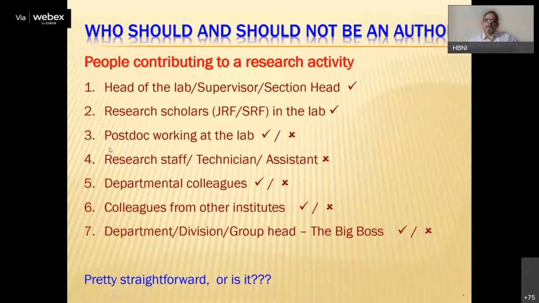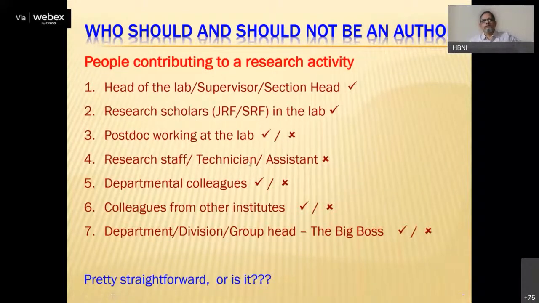Now, the postdocs who are working at the lab may or may not contribute to a particular manuscript. If they are involved in that particular research work of a particular research scholar, etc., then of course they are involved in the manuscript and can be called an author. But otherwise, they cannot be called an author.